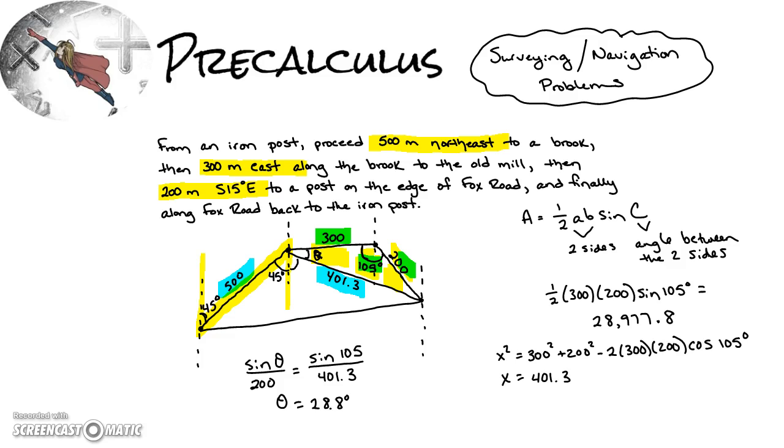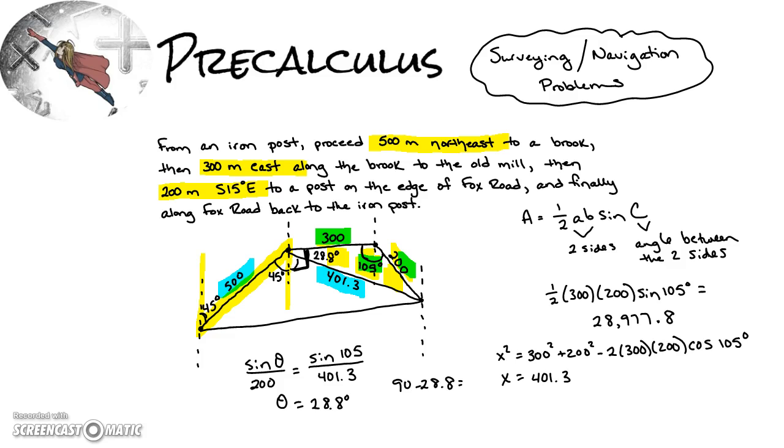I'll erase the theta and write the degree in that we just got. So that's 28.8 right there. Now the thing is, we do know that this is a right angle. So if I just do 90 minus 28.8, that'll give us the part of the angle that we really wanted.